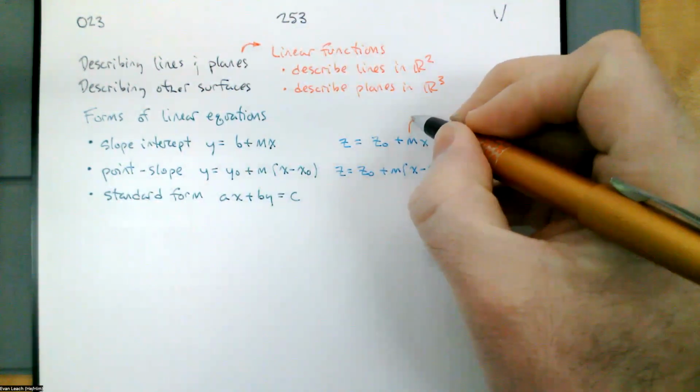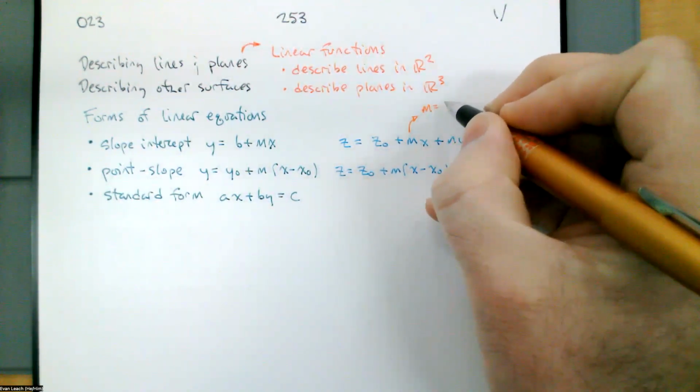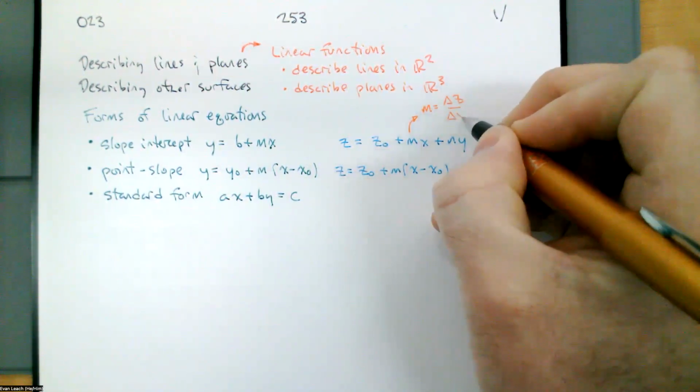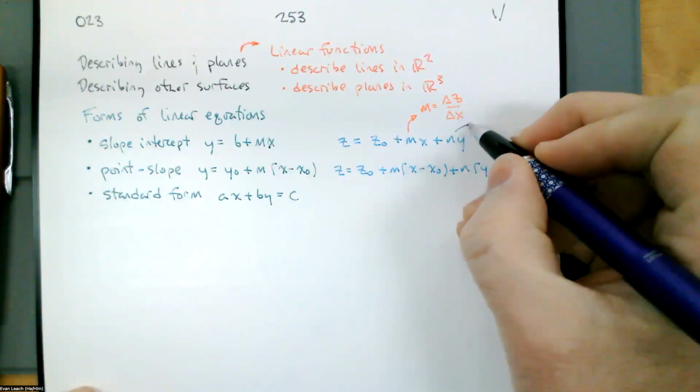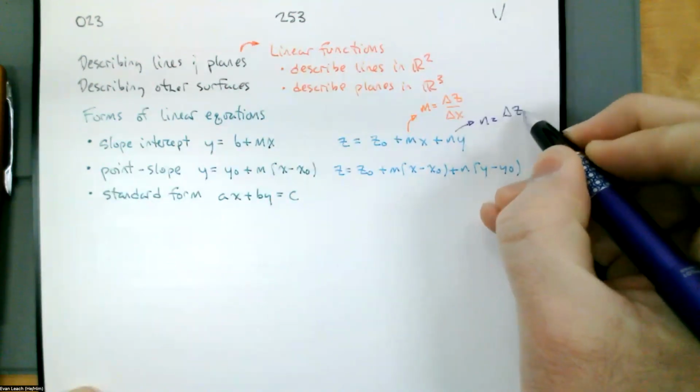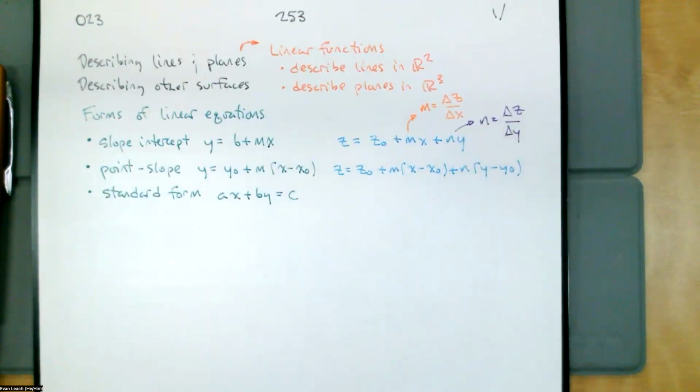M is the change in Z with respect to X, and N is the change in Z with respect to Y. Once we write things down like this, we become aware of the fact that we're in a calculus class, and I just wrote dz dx, or delta z over delta x and delta z over delta y, and then we start thinking in terms of calculus.